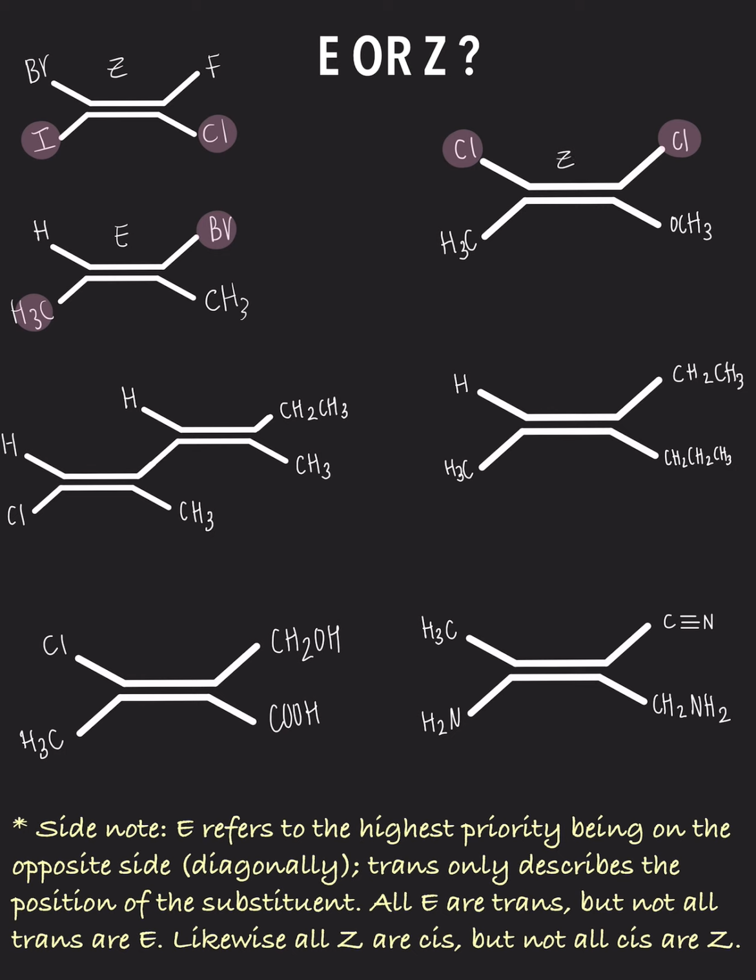Okay, so let's go to this more difficult looking one. Okay, you have a chlorine here. This carbon is attached to a carbon. This one is attached to this carbon that's attached to hydrogens. This carbon is attached to this carbon that's double bonded to another carbon. So this carbon being attached to another carbon, double bonded to that, is making it the higher priority.